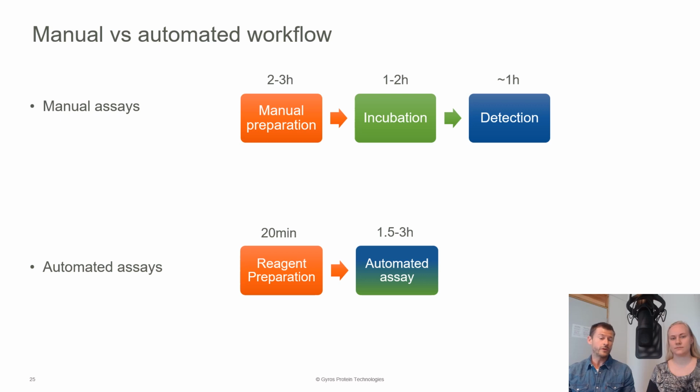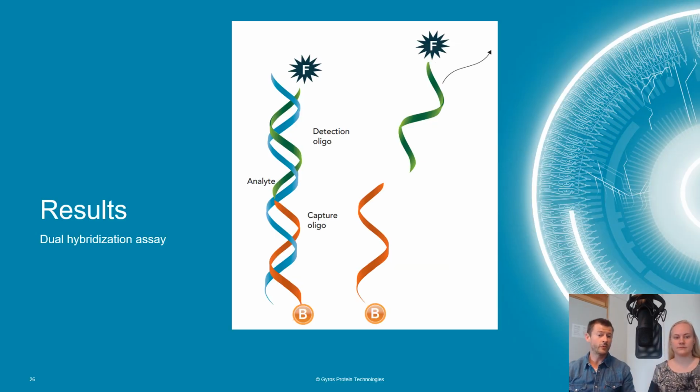Depending on the incubation time you choose for the reagent with the analyte, your run can be 1.5 hours to 3 hours, but it's fully automated, so you don't need to do anything during this. Here we wanted to compare the manual assay to the automated assay and see if we could get comparable results.